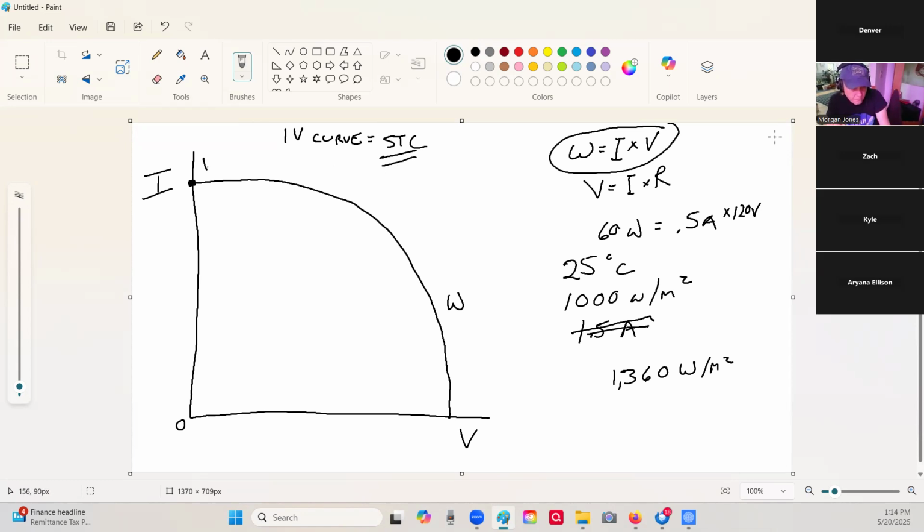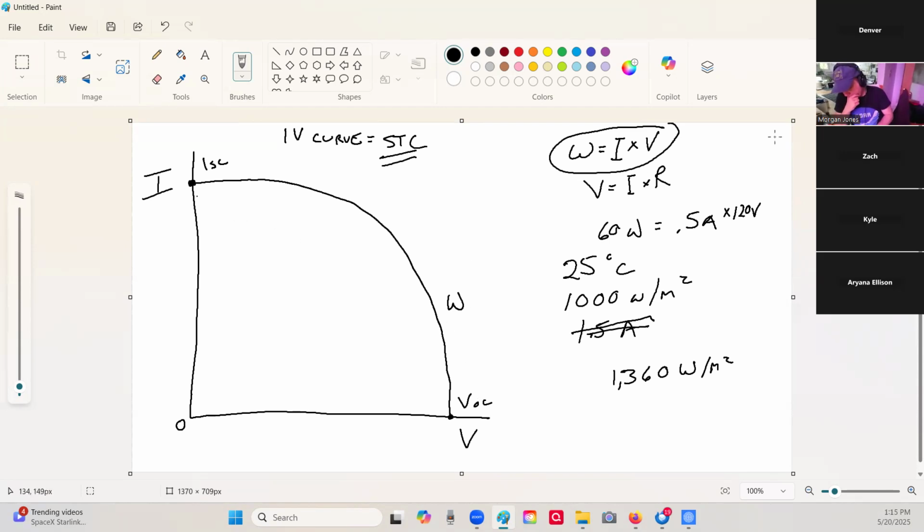And that's referred to as the ISC, the amps short circuit. It's the theoretical maximum amps. The theoretical maximum voltage is the VOC. That's the volts open circuit. So if I put a meter on the panel when it's not hooked up to anything, I'm measuring the VOC.